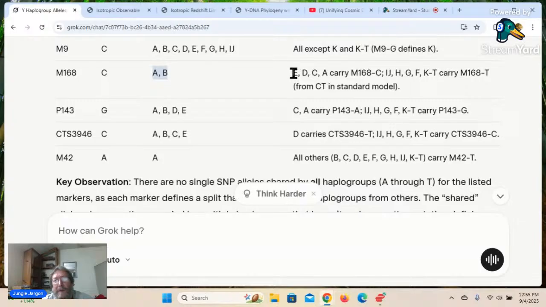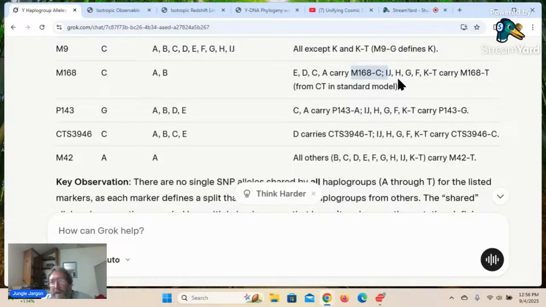So wait a minute, E, D, C, and A carry the M168 C, which I thought was changed to T, but I guess it's back to C. So it's E, D, C, and A, missing the B, carry the M168C.